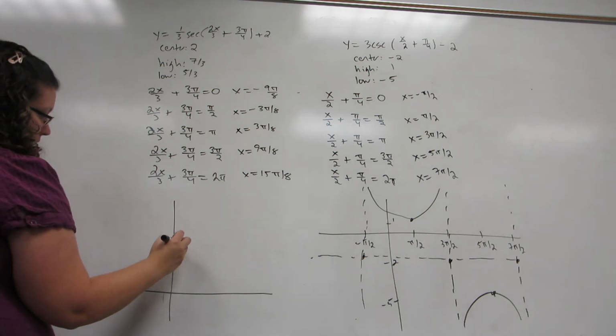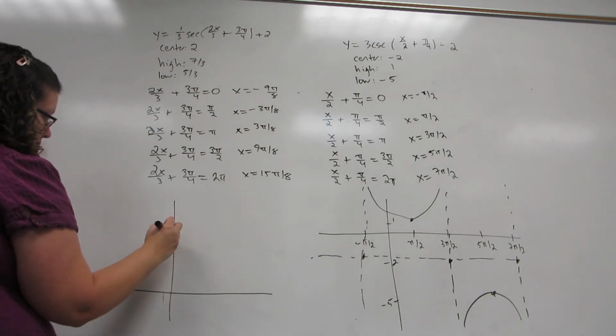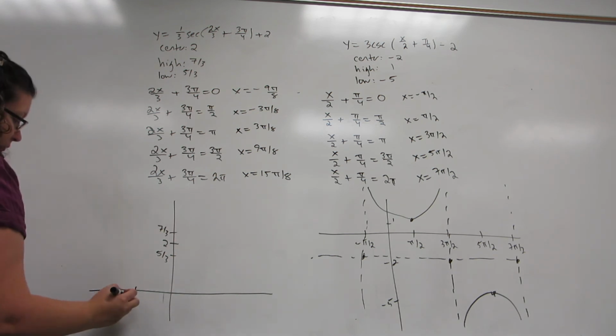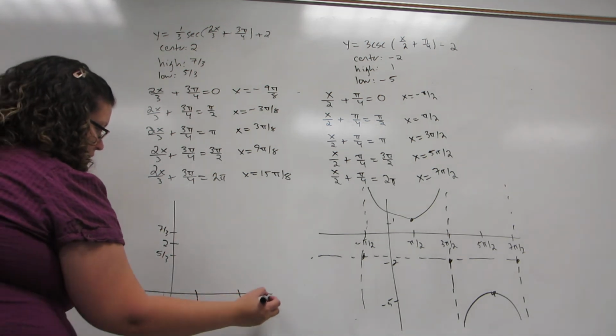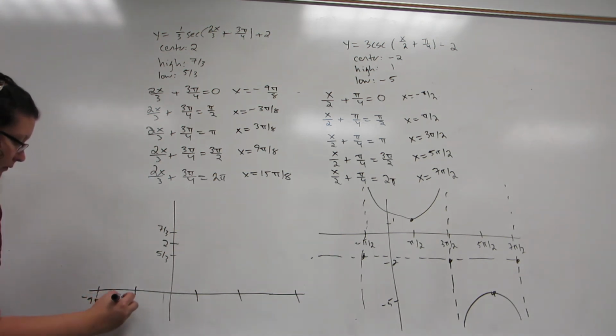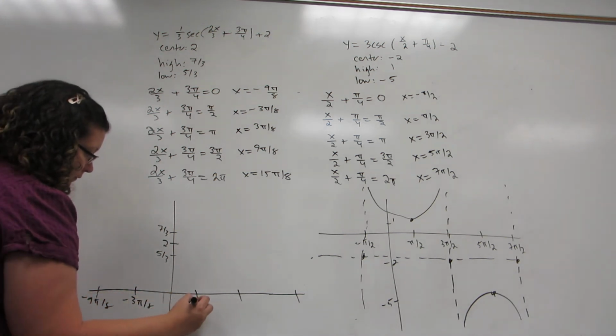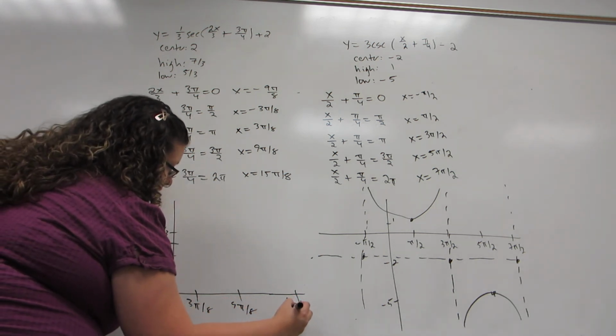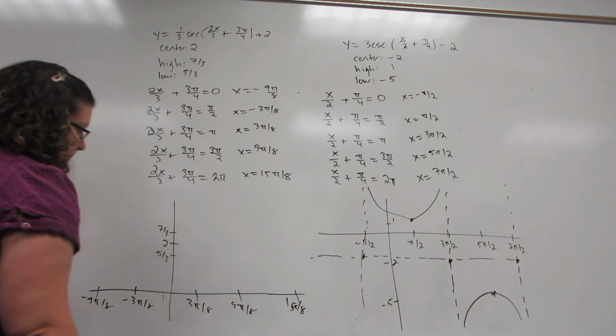So I have my 2, my 7/3, my 5/3. I'm going to have my 5 points. Okay.